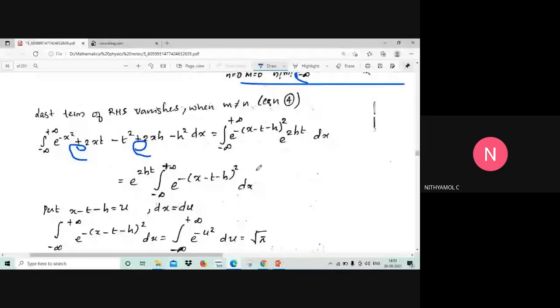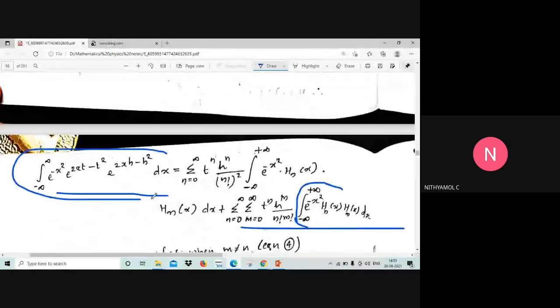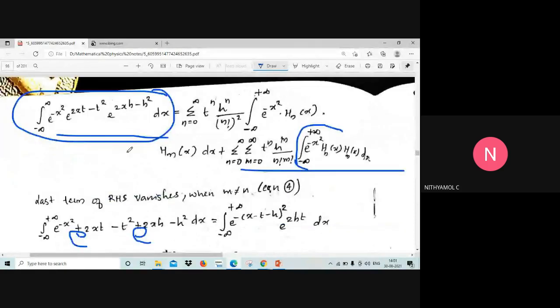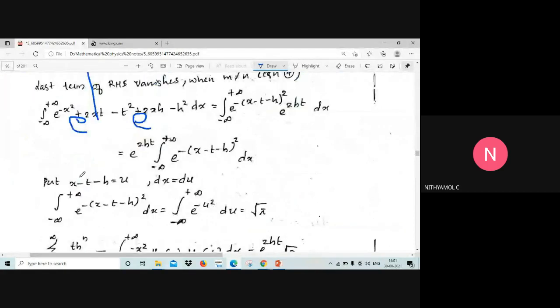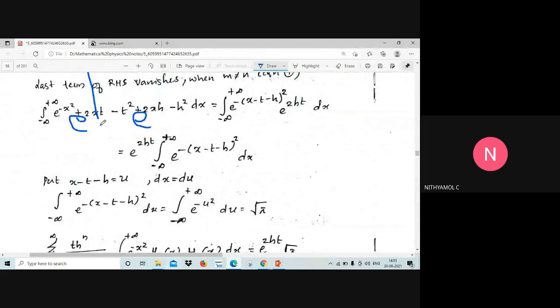We have to find out the value of this one. I can write this function as integral minus infinity to infinity e raised to minus x square e raised to 2xt minus t square e raised to 2xh minus h square dx equal to integral minus infinity to infinity e raised to minus (x minus t minus h) square, because minus x square is here, then minus t square is here, minus h square is here, and 2ht, e raised to 2ht, dx.